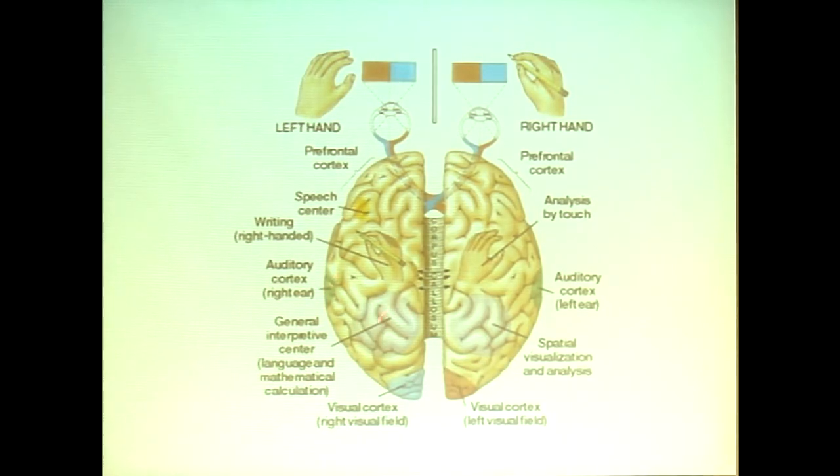This is your general interpretive center for language and mathematical calculation in the parietal area here. And your visual cortex is at the back here for the right visual field. On the right side, there's an analysis by touch. You've got your auditory cortex for the information from the left ear, your spatial visualization and analysis area, which is in the parietal lobes, and your visual cortex from the left visual field.